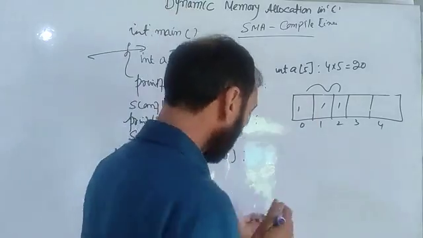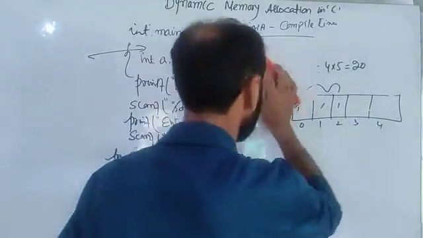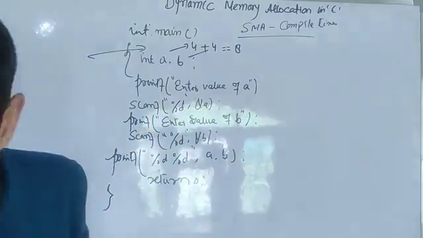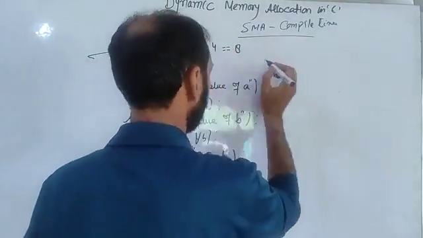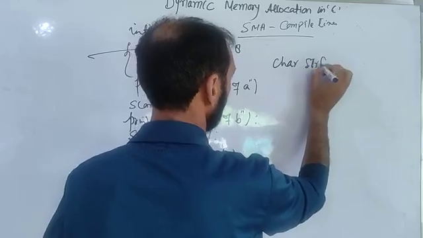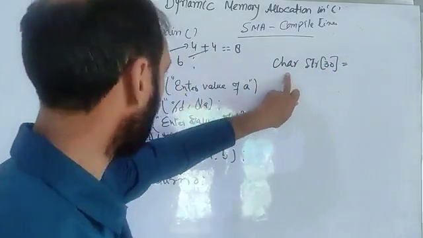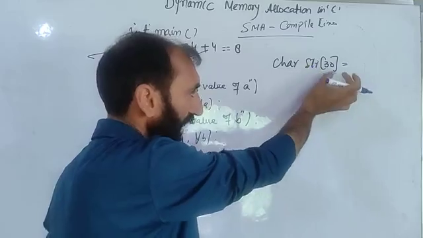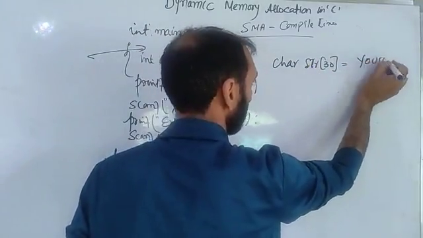One more example: if I want to store the name of students, for that I have declared char string of 30. Here, at compile time, I have declared a string whose maximum size is 30, and I want to store, for example, Yousuf.